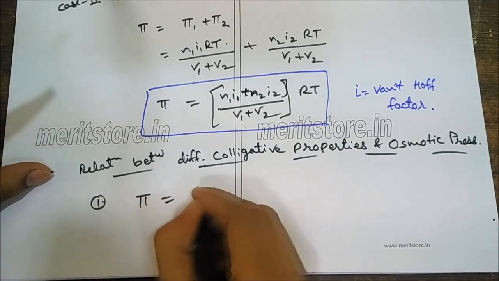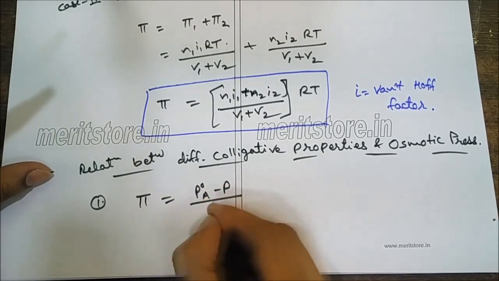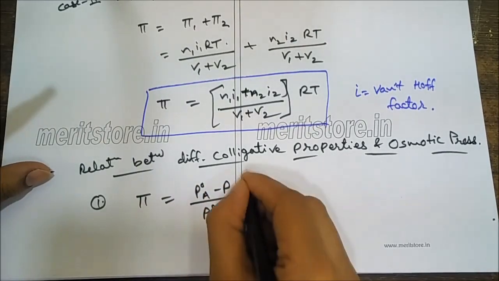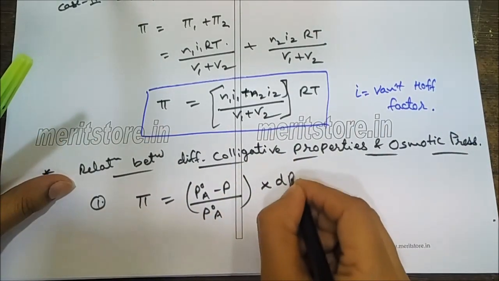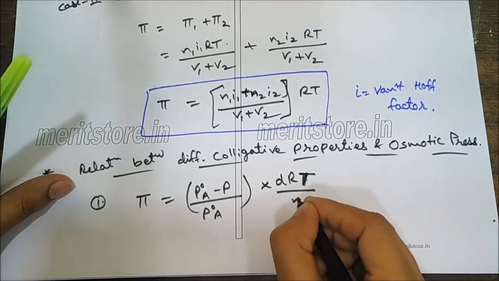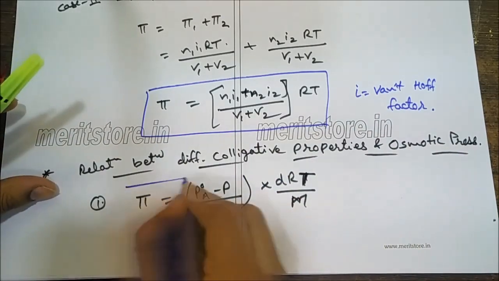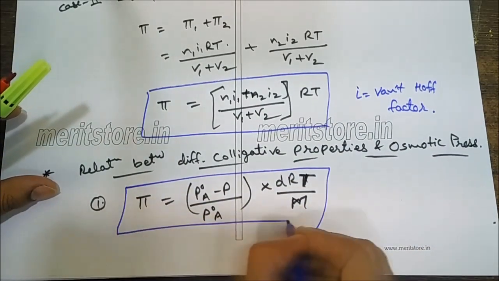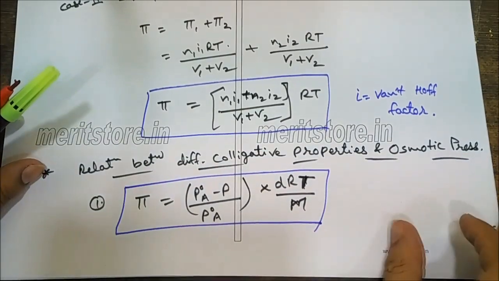Pi is equal to P naught A minus P upon P naught A, this is the relative lowering of vapor pressure, into dRT upon M. This is the relation between the relative lowering of vapor pressure and osmotic pressure.